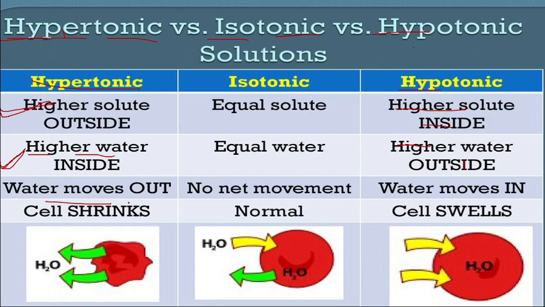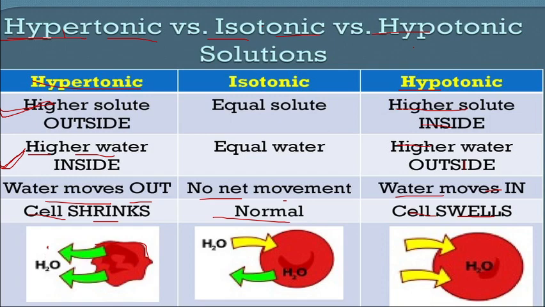Water moves out, cell shrinks. No net movement, cell remains the same. Water moves in, cell swells up. Look at this. Let's say this is a cell inside hypertonic solution, a solution that contains lower amount of water.